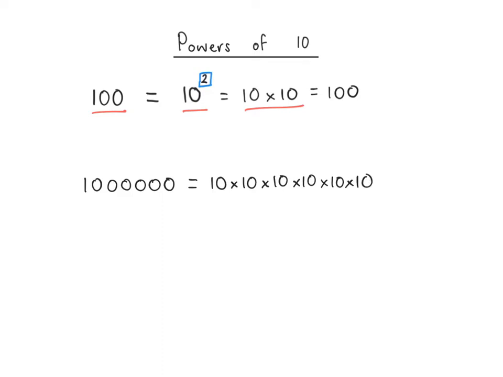I could write it like that, but what would be a much easier way of writing it? 10 to the power of 6. I could write it like that. Now, when we move on to standard form, it's really, really important that we understand how to write things as powers of 10.